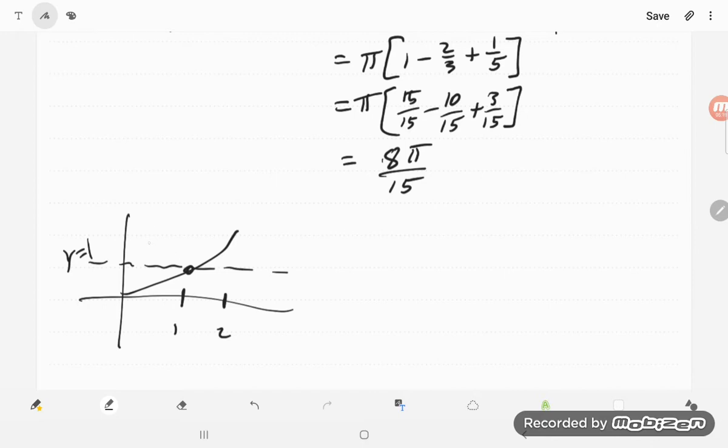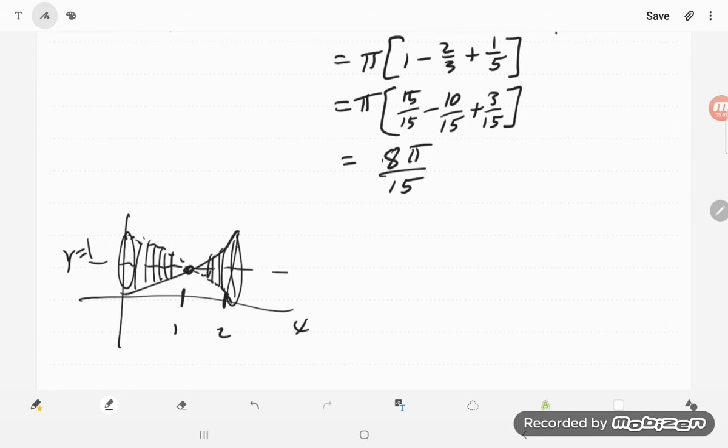Well, when I do that, I'll get this figure that looks sort of like an hourglass or something like that. And so to find that volume, since I'm rotating about y equals 1, I'll cut it up perpendicular to the x-axis, because y equals 1 is parallel to the x-axis. So I cut it up that way.